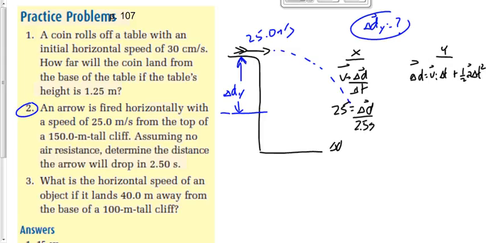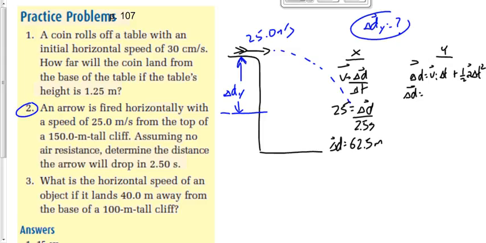So delta d for the x component ends up being 25 times 2.5, which is going to be 62.5 meters. Is that my answer? What have I just found, Kelly? Right. Is that what I'm looking for? No, I'm looking for how far it goes vertically, right? All right. Maybe that helps me later on. Maybe it doesn't. Okay, well, let's do the y component since we haven't found what I'm looking for yet. Do we know what the y displacement is? That's what we're trying to find, isn't it?